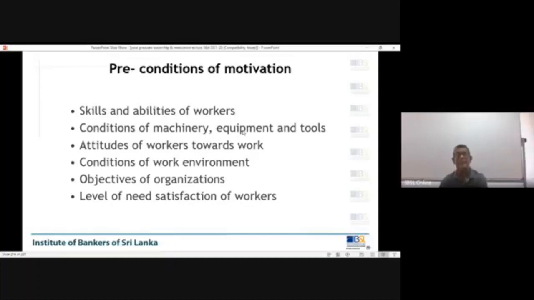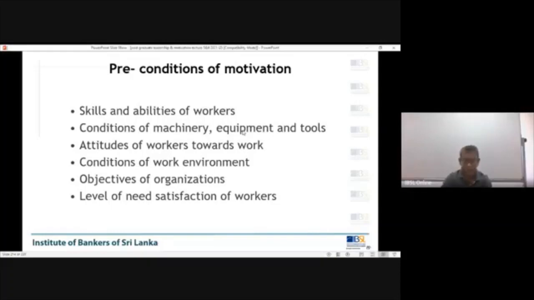What is the level of satisfaction of your workers presently? Remember, satisfaction needs promotion of motivation. So in order to reach motivation, you need to first satisfy them. These are some of the preconditions of motivation. Anything you do to motivate is not successful if you do not fulfill these preconditions.